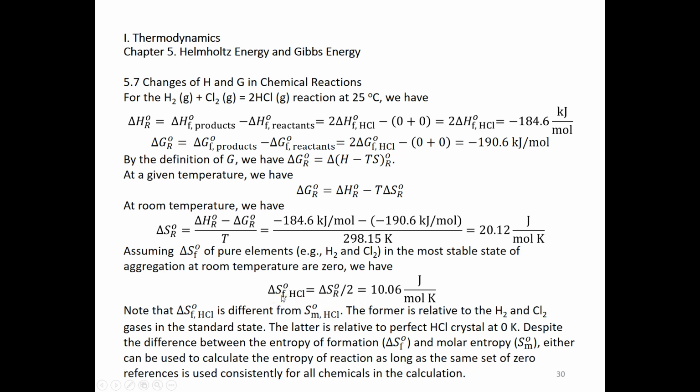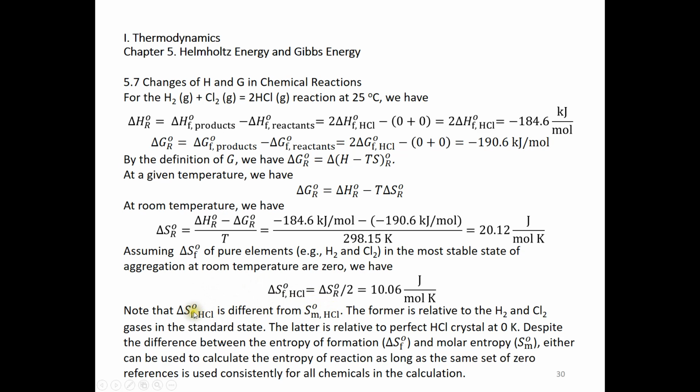Although we are using different 0 references for the absolute value of molar entropy and for the standard entropy of formation, if your goal is to calculate the entropy change of a reaction, you can use either quantity. You just need to use them consistently.